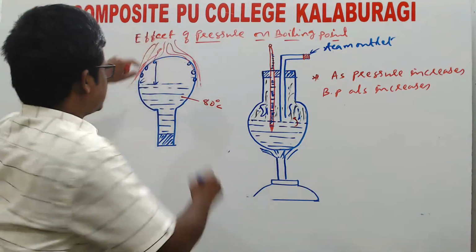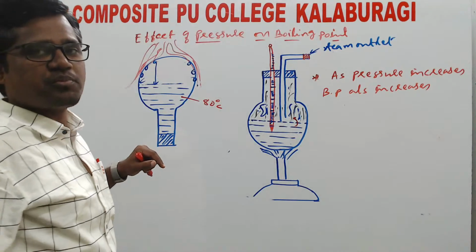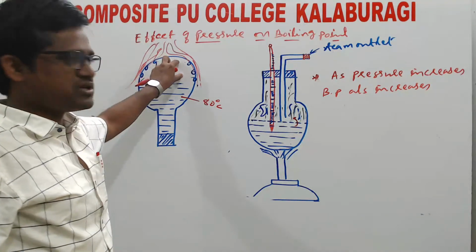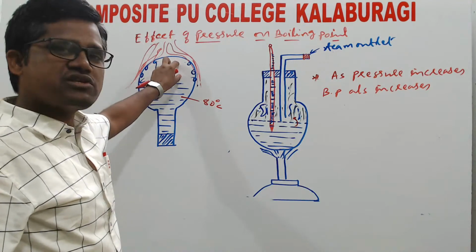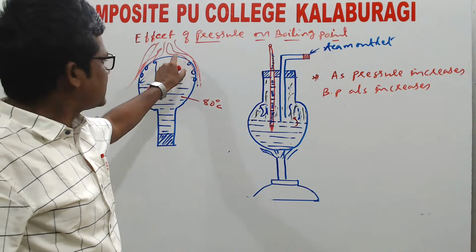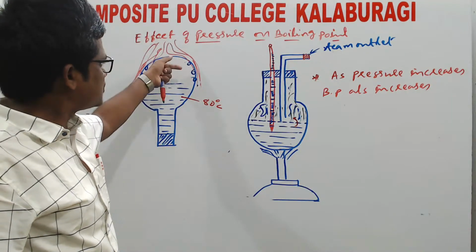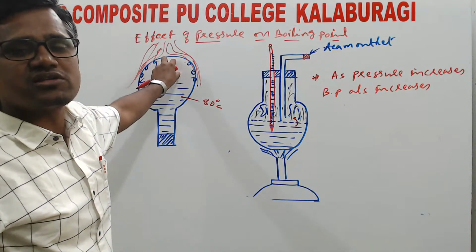Even this is closed, I am not allowing the atmosphere to play its part. Whatever vapor was there, that is only applying the pressure on the water surface. It has condensed and the vapor content has decreased, so they are converted into water droplets and go back to the water. So the pressure decreases on the water surface.